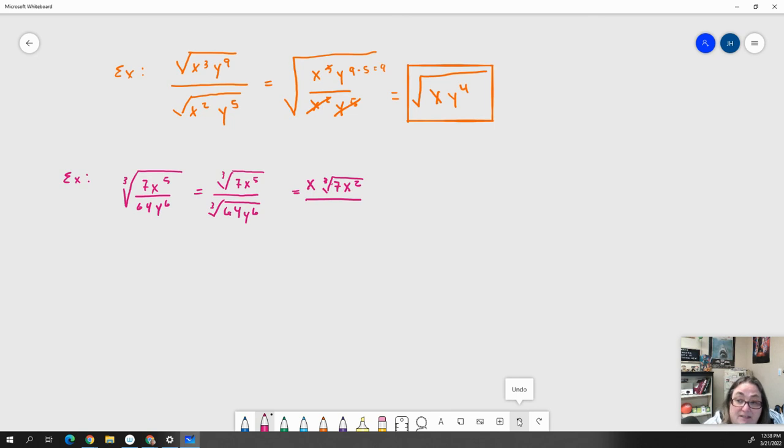If we look at 64, well, what do I know about 64? It's 2 times 32, which is 2 times 16, which is 2 times 8, which is 2 times 4, which is 2 times 2. So it's 2 times 2 times 2 times 2 times 2 times 2.